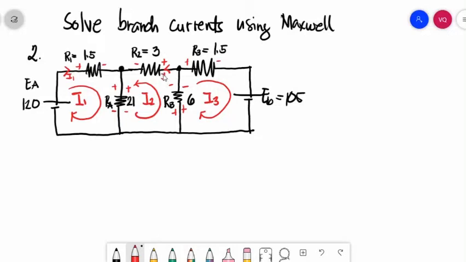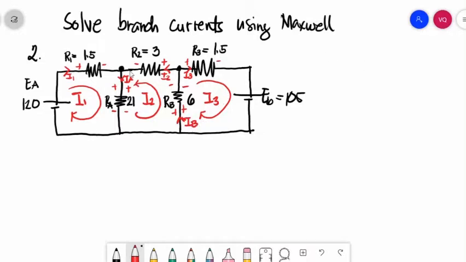This is I2. And I3 will be here. IA, downward. And IB is upward.